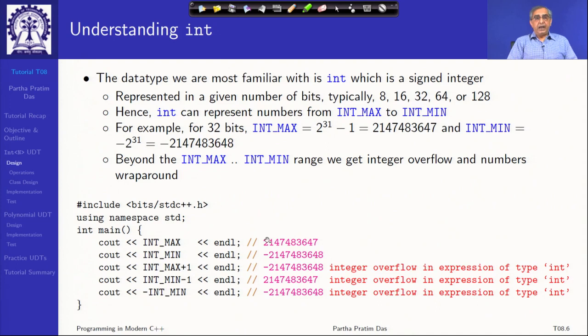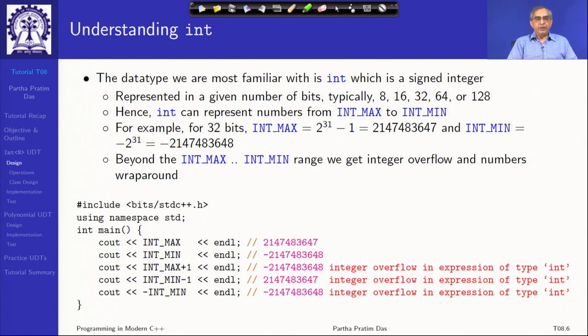Int n UDT has two purposes. One is to build a data type that is like the built in int integer data type of C++, and in the process understand some finer details regarding the int data type itself. We are familiar with int as a signed integer.